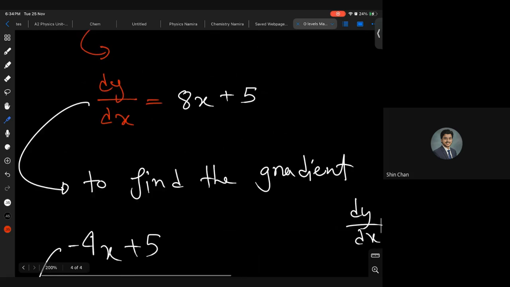Do you know what this d means? Differentiation? No, this d means change, delta. What is delta? Delta means change in.